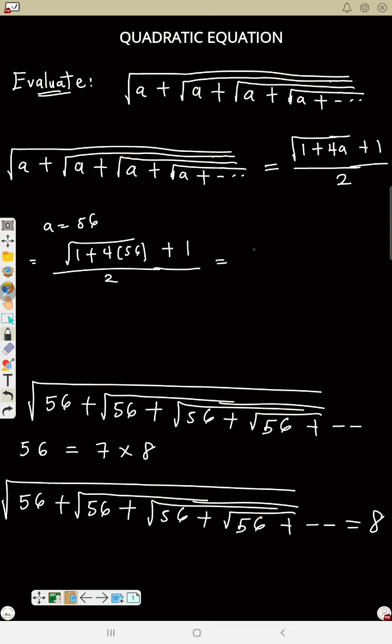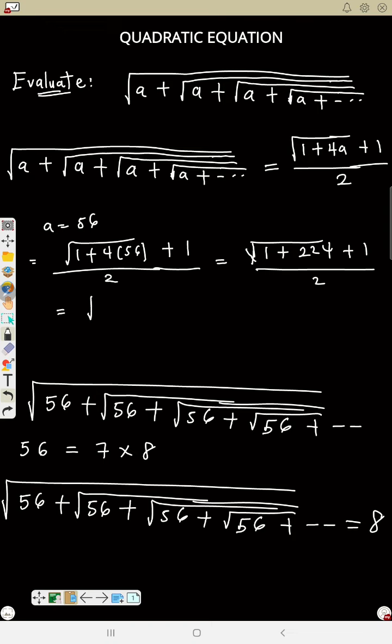Which is equal to the square root of 1 plus, what is 4 times 56? 224, plus 1, divided by 2.